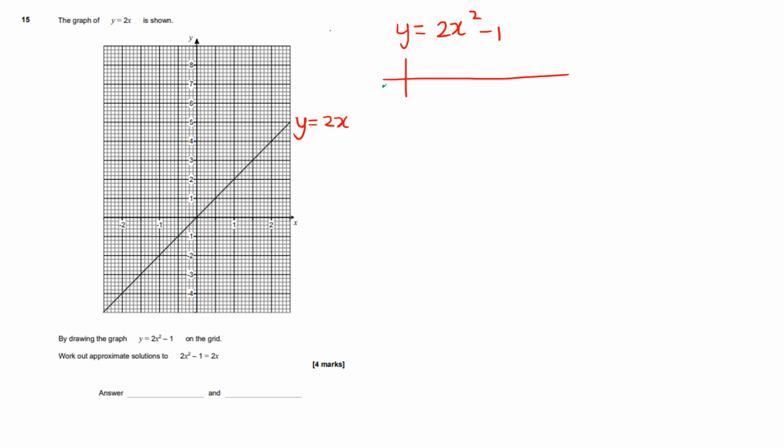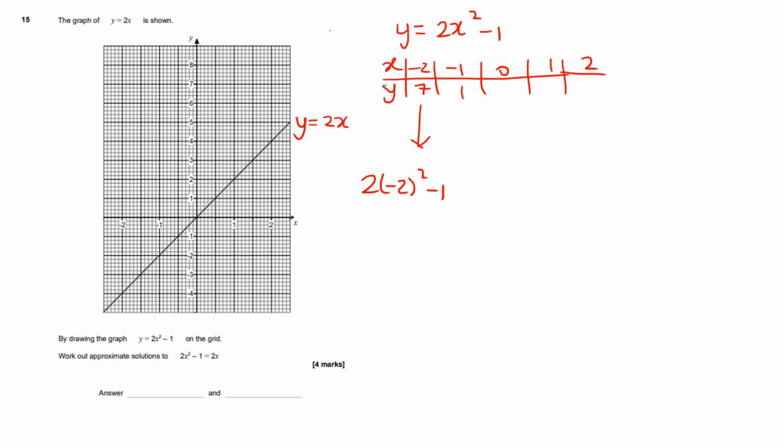So we need to be able to draw a table, complete and sketch. The x-axis is starting from -2, so that's going to be -2, -1, 0, 1, 2. Substitute -2 into this. It's going to be -2 squared is 4, times it with 2 is 8, take away 1 is 7. -1 squared is 1, times it with 2 is 2, take away 1 is 1.